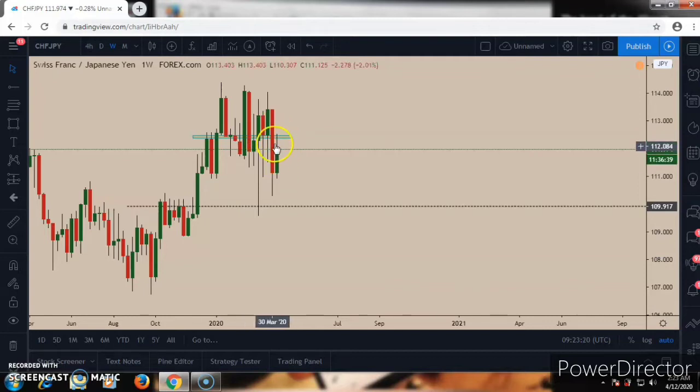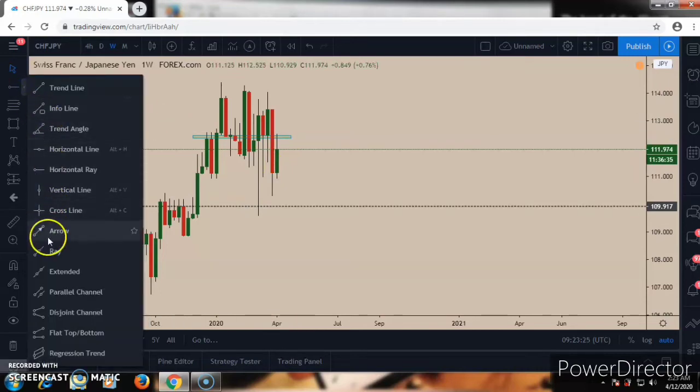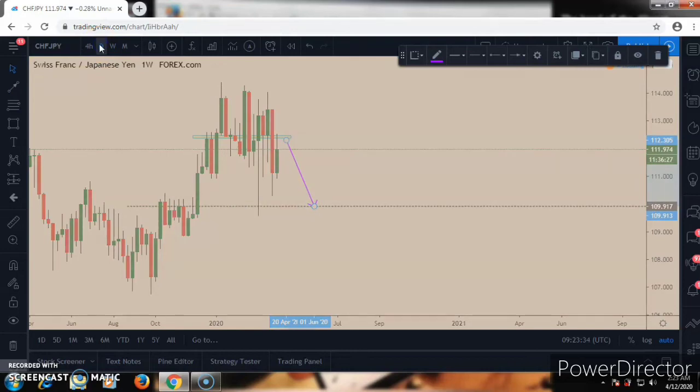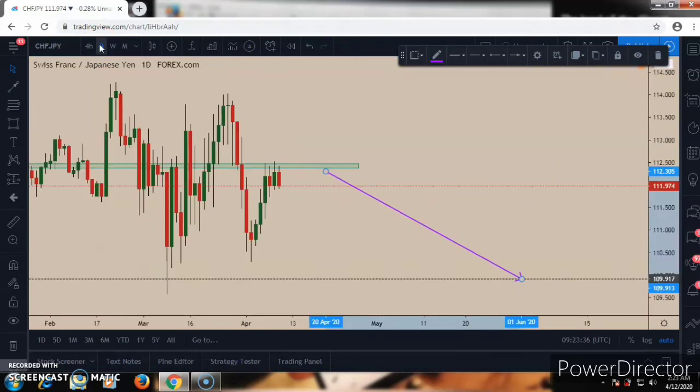You can see this green candle closed below it, and what we should be expecting is the next candle to move to this target.